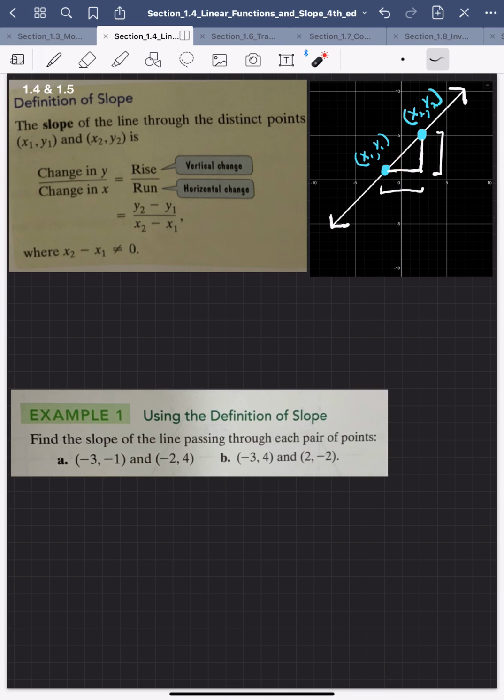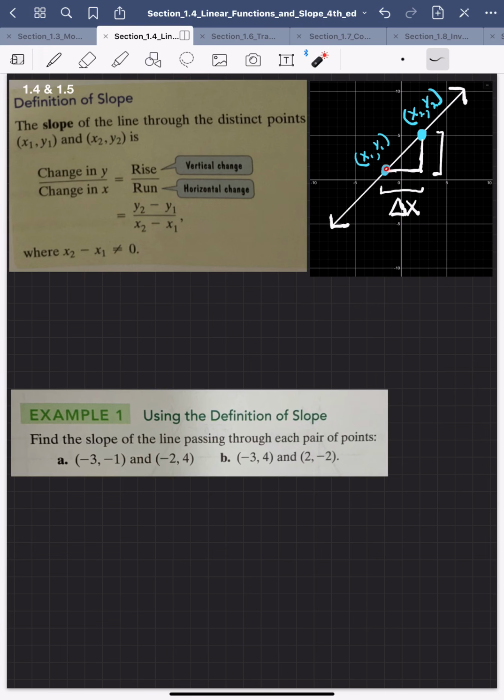We refer to that horizontal change with a triangle, which just means delta, which means change. And this would be the change in x, right?